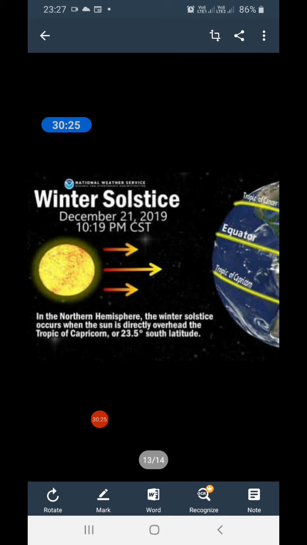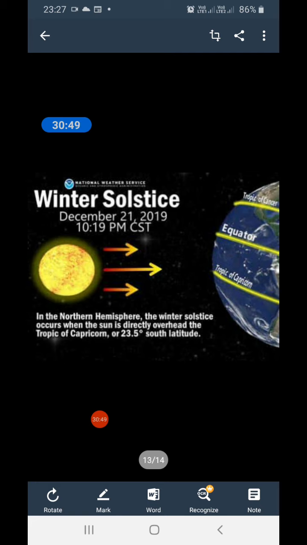And on this day, the northern hemisphere, that is Tropic of Cancer, is away from the sun rays, so the northern hemisphere will experience its winter solstice. So on December 22nd, the southern hemisphere experiences its summer, but the northern hemisphere experiences its winter.